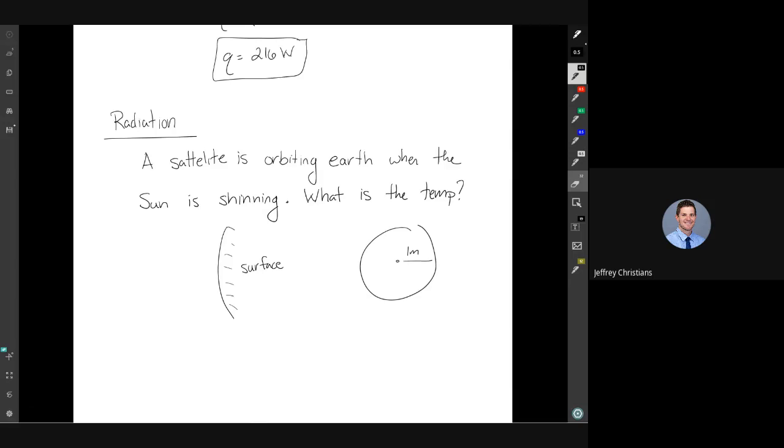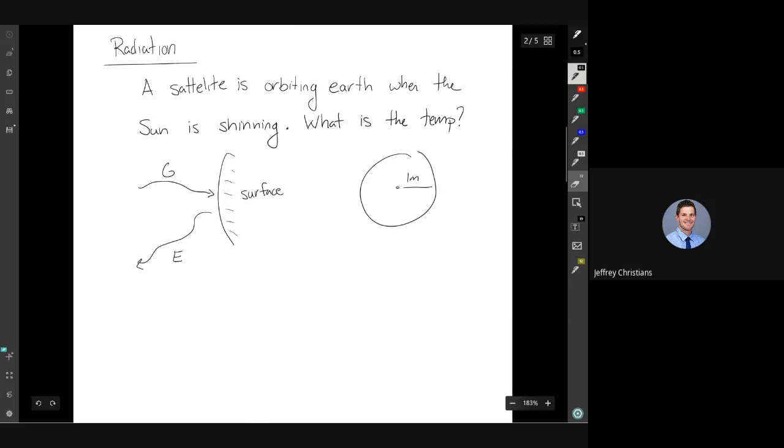And it's also going to be emitting radiation. So there's going to be radiation hitting it from the sun, which we'll call G, and there's going to be radiation emitted from the surface, which we'll call E. We'll look at E first.